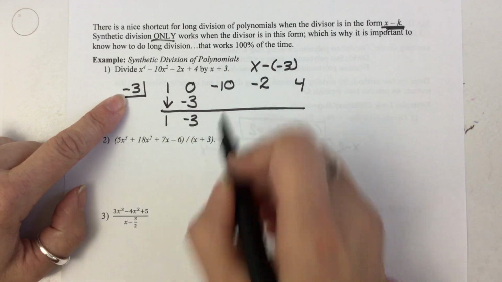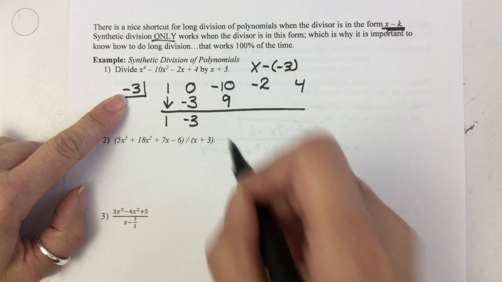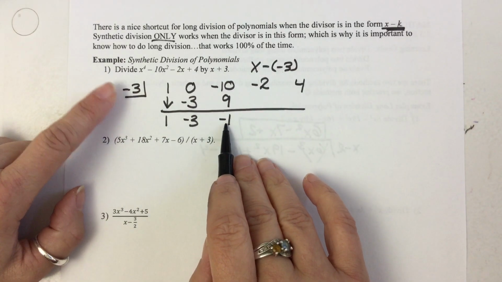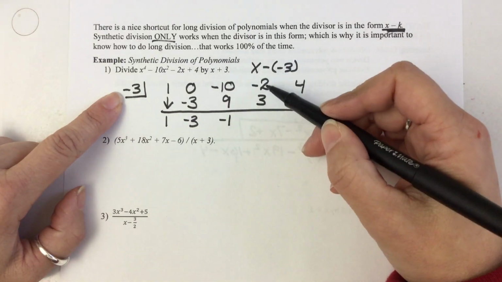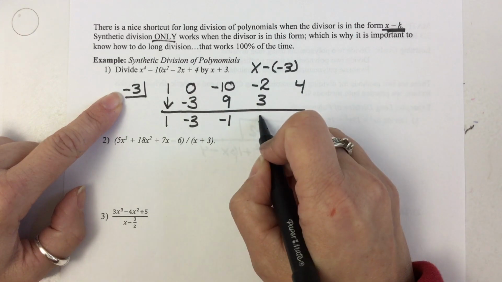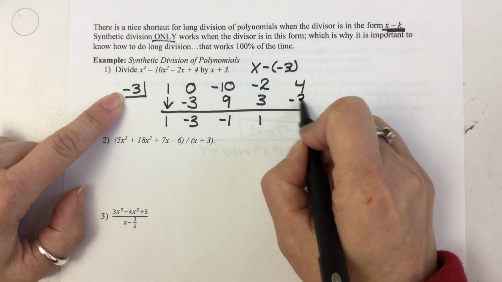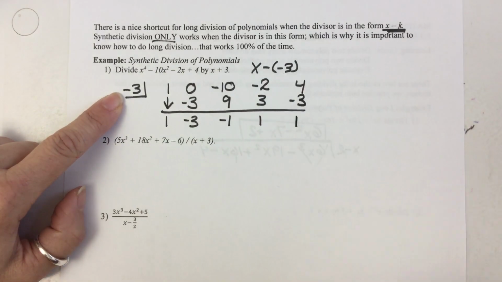Negative 3 times negative 3 is positive 9. Add. Negative 10 plus 9 is negative 1. Multiply. Negative 1 times negative 3 is positive 3. Add. Negative 2 plus 3 is 1. Multiply. 1 times negative 3 is negative 3. Add. 4 plus negative 3 is 1.